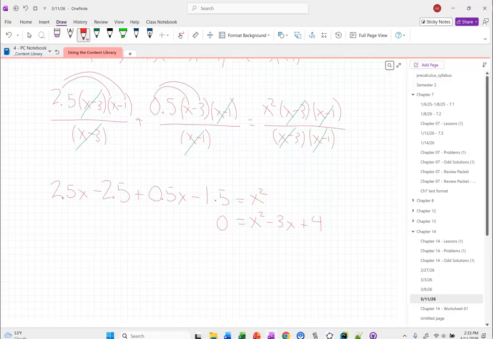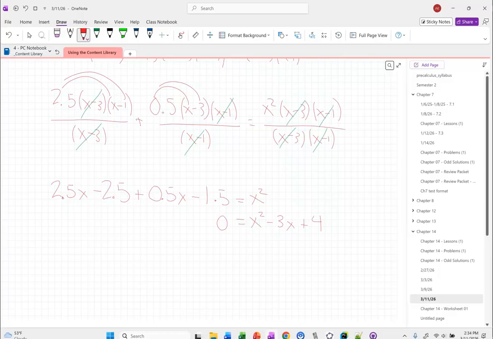Okay, how should I solve this now? How does it factor? Are there two numbers that multiply to give us positive 4 and add to give us negative 3? Let's start with the things that multiply to give us positive 4. 1 and 4.